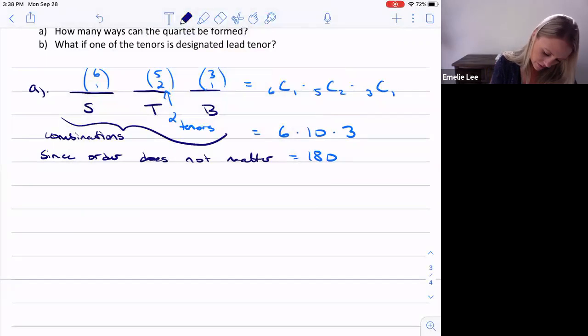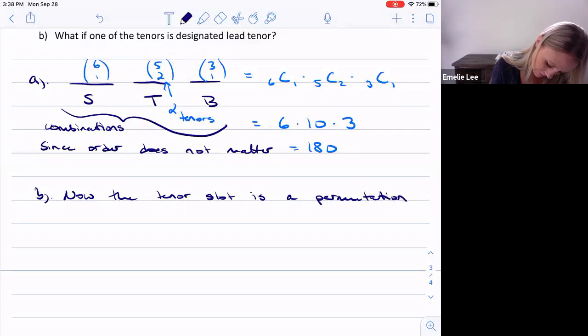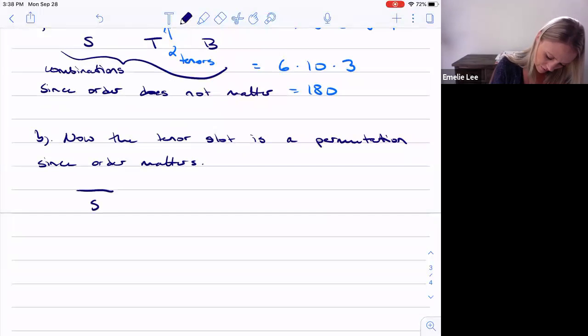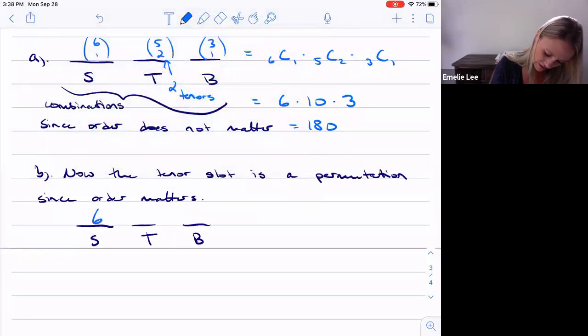So now, part B, now the tenor slot is a permutation since order matters, right? And so we've got the soprano, the tenor, and the bass. We already figured out that there are 6 different ways to choose the soprano and 3 different ways to choose the bass.